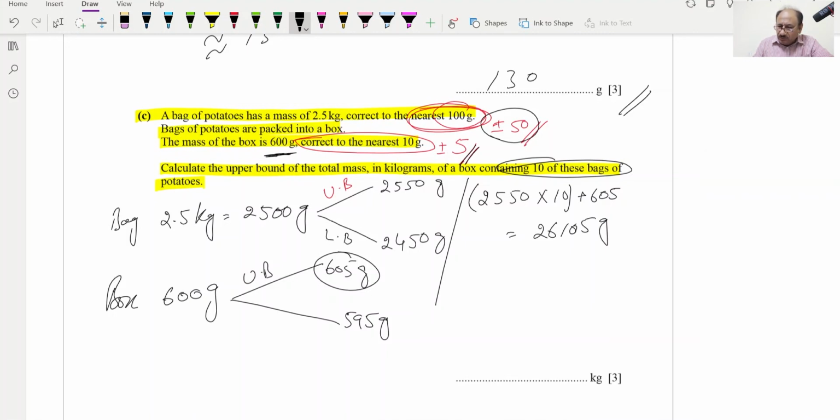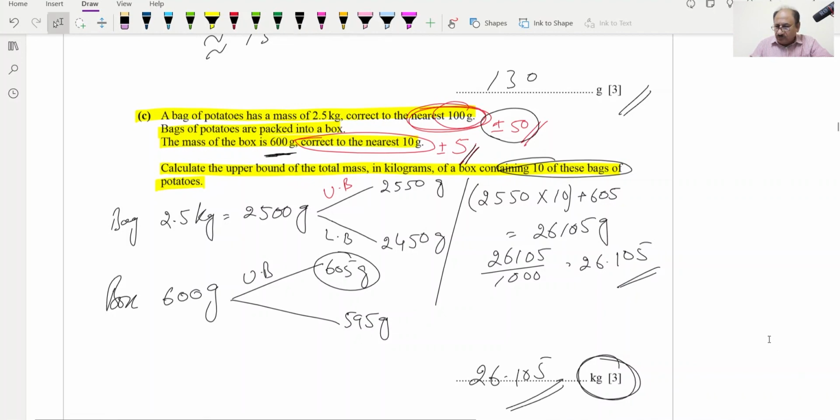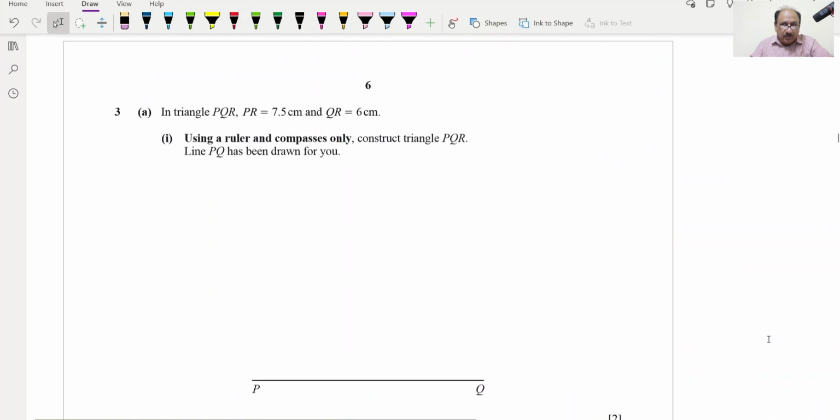This is in grams, but we require the answer in kilograms. So we will divide this by 1000, and this will be equal to 26.105. This will be our final answer for this question for 3 marks.